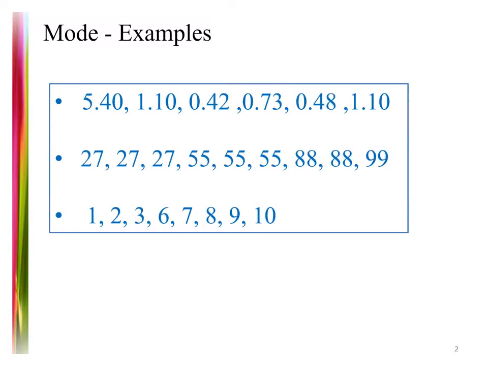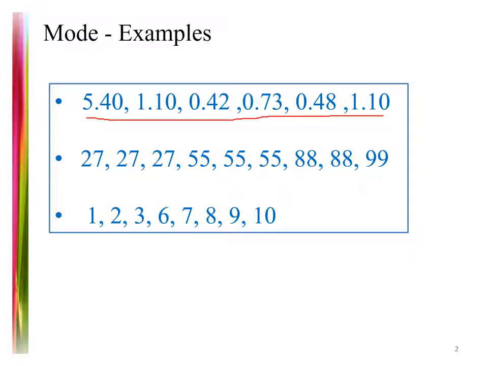Alright, so let's look at the examples. We have 3 examples in this slide. In the first example the observations are 5.40, 1.10, 0.42, 0.70, 0.48, 1.10. You already know that the mode means the maximum frequency.